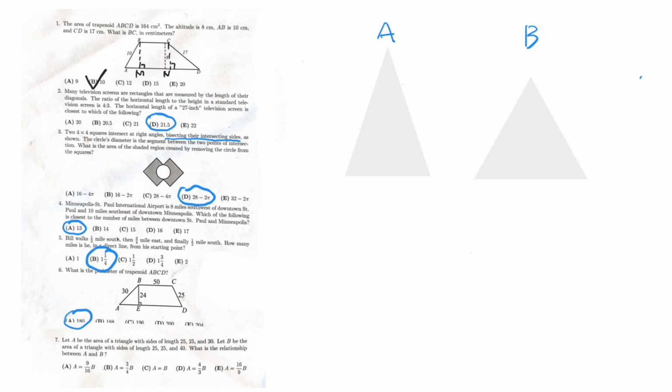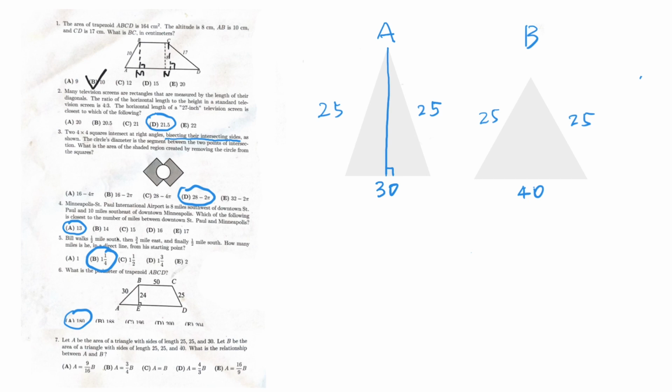So they told us triangle A has side lengths 25, 25, and 30. Triangle B is 25, 25, and 40. So they ask for the relationship of the areas of A and B. From the top we draw the perpendicular line to the base.